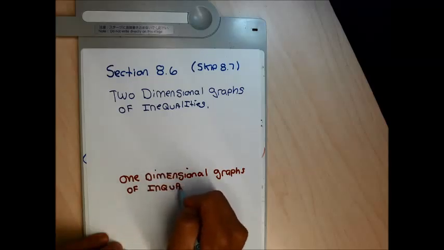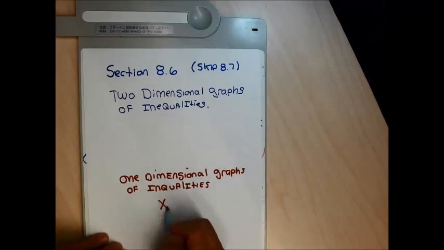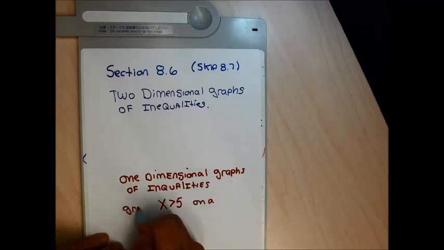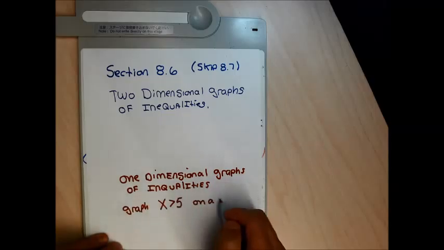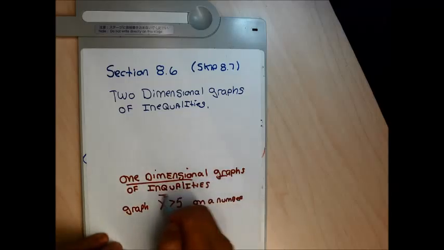So in red here, I'll just do a quick one-dimensional graph of an inequality. Like we might be asked to graph x is greater than 5 on a number line. This would be considered a one-dimensional graph of an inequality.